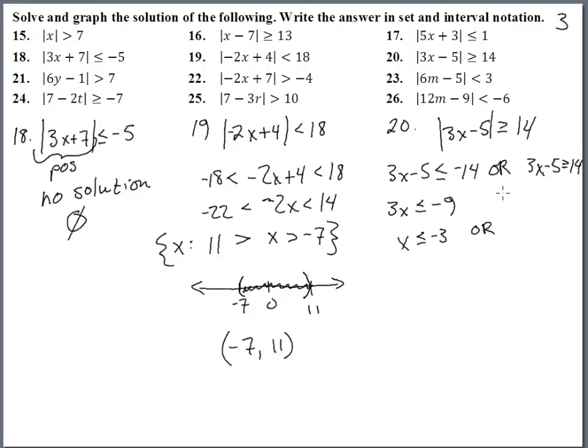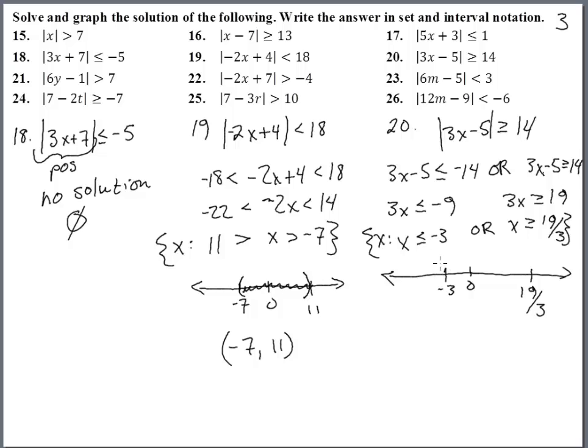Or add 5 to both sides and we get 3x greater than or equal to 19, x greater than or equal to 19/3. And there we have our set notation, our graph. Here's 0, here's -3, and here is 19/3. And we are less than or equal to -3 or greater than or equal to 19/3.